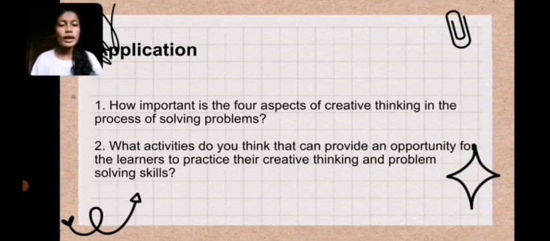The second is, what activities do you think can provide an opportunity for the learners to practice their creative thinking and problem solving skills? If you want to share your ideas and opinion about these questions, then let us know or message us directly.